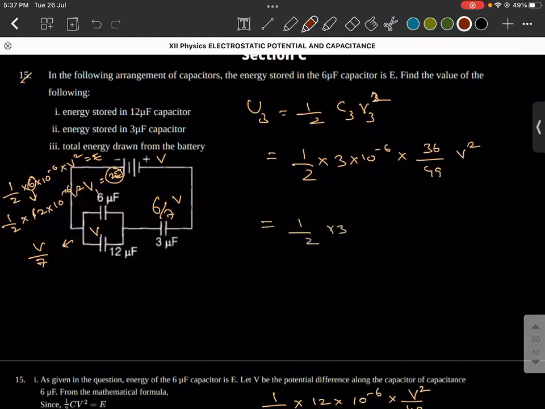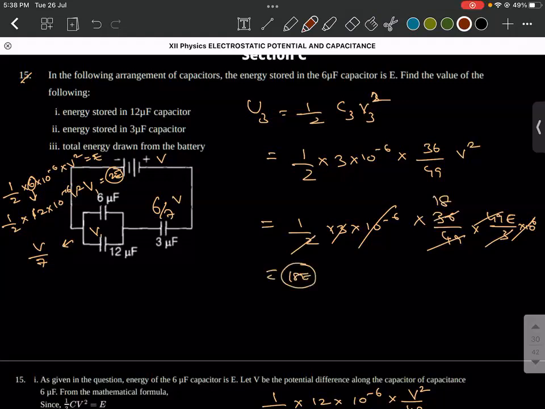So half into 3 into 10 power minus 6 into 36 divided by 49 into 49E divided by 3 into 10 power 6. So this and this will get cancelled. 3 and 3 is gone, 49 also. It is 18E. Right?